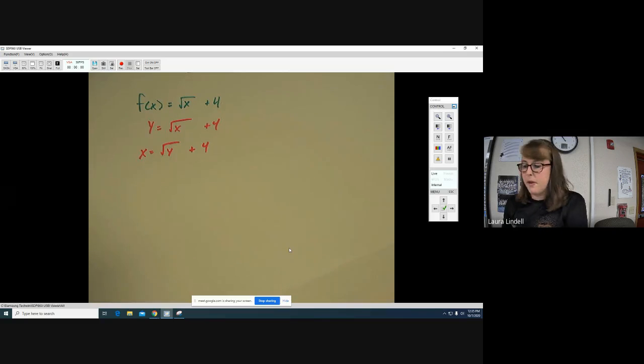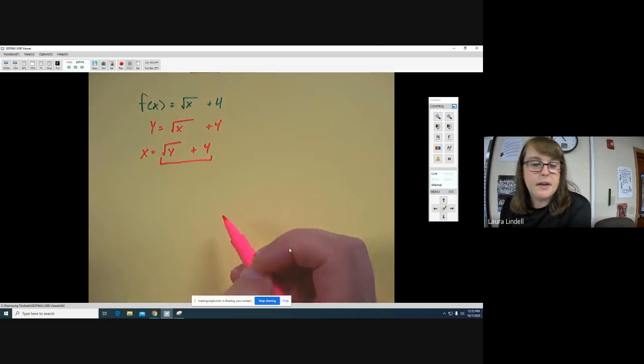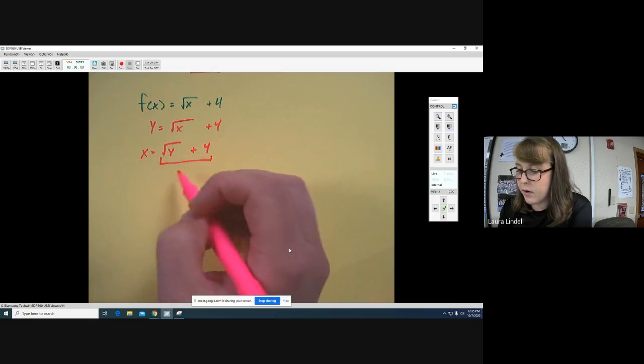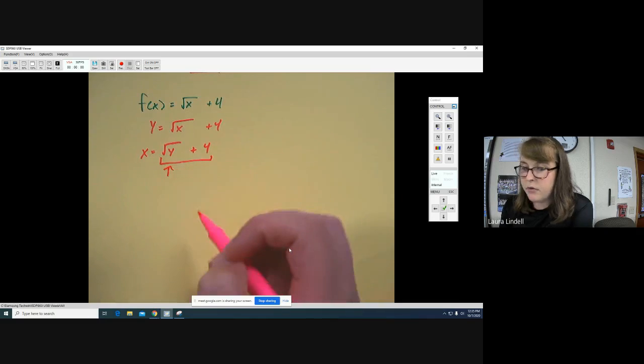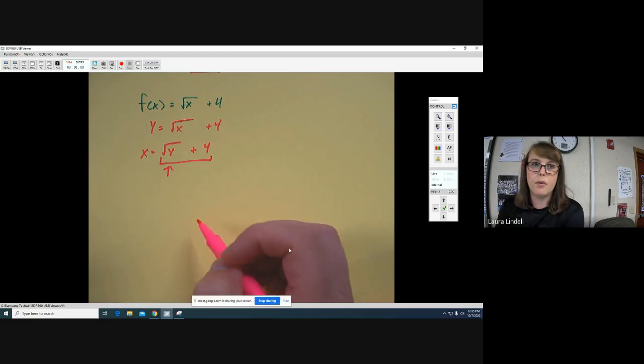So if we're thinking about domain, this determines my domain. So we have this plus 4 here, and we have this square root of y. Is that square root of y value, what's the smallest that that's going to be? What's the smallest number that the square root of y could end up being?